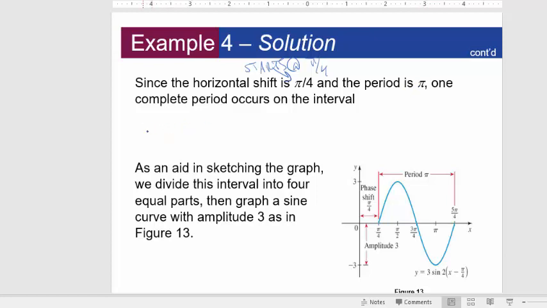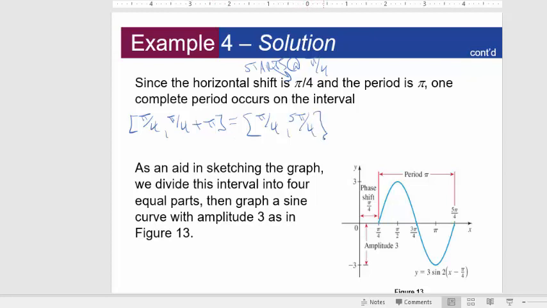So one complete period is going to occur in the interval between pi over 4 and then pi over 4 plus the period, which is pi. If I simplify this, it means one period is going to occur between pi over 4 and pi over 4 plus pi, which is 4 pi over 4, so 5 pi over 4.